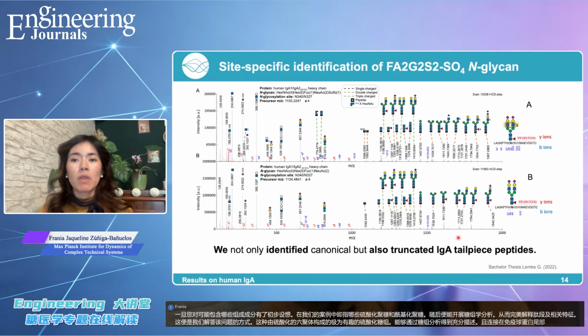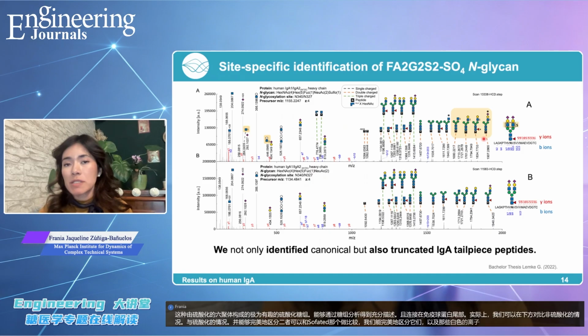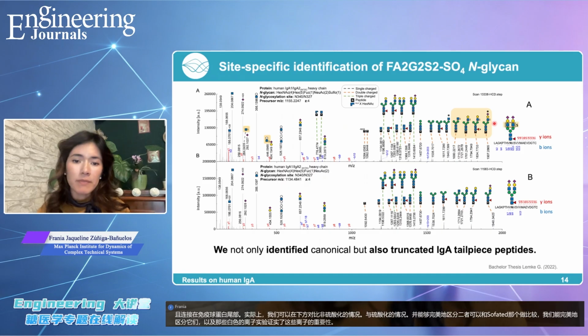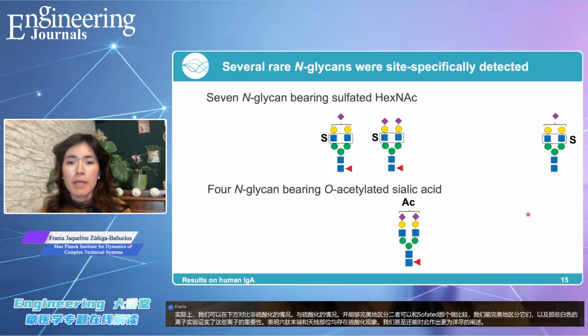Actually, we could compare here in the bottom the non-sulfated N-glycan with the sulfated one, and we can differentiate perfectly the oxonium ions and the Y ions that confirm the presence of sulfation on the HexNAc and on the antenna. We could also even describe better the peptide and other peptide variants.